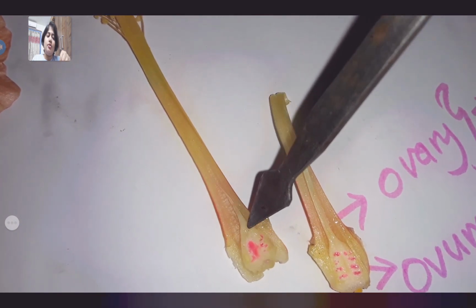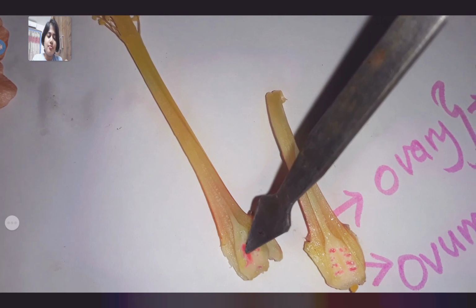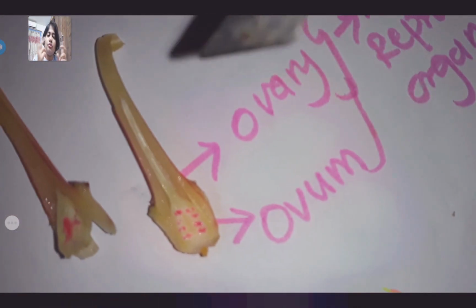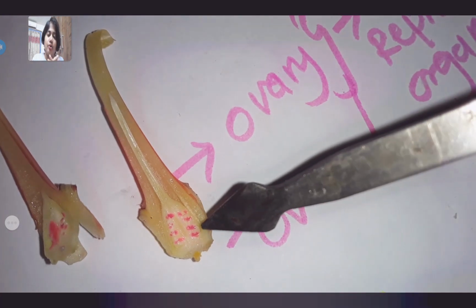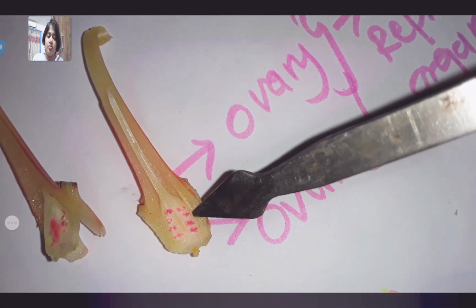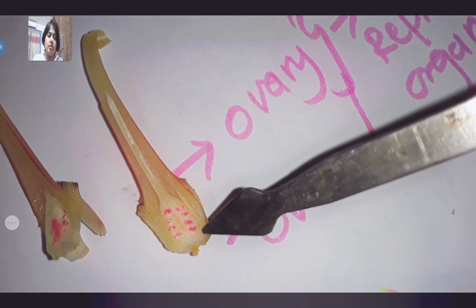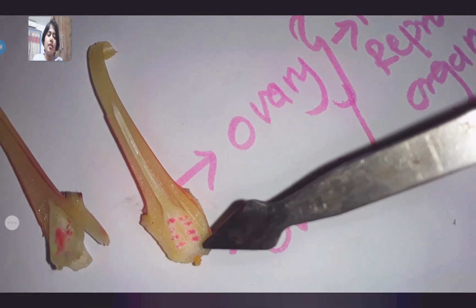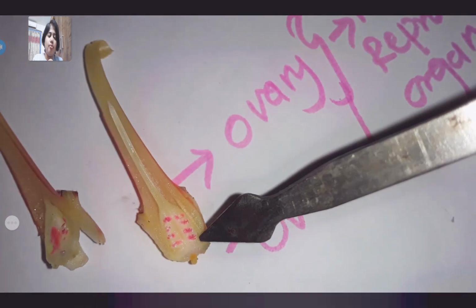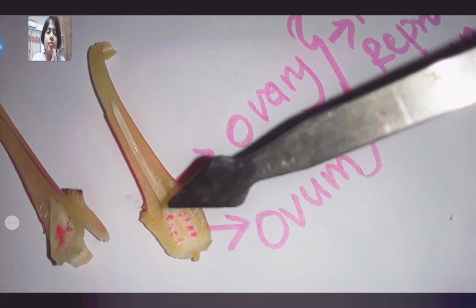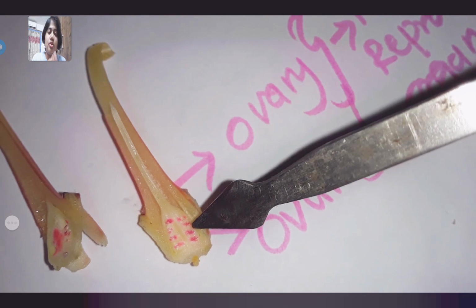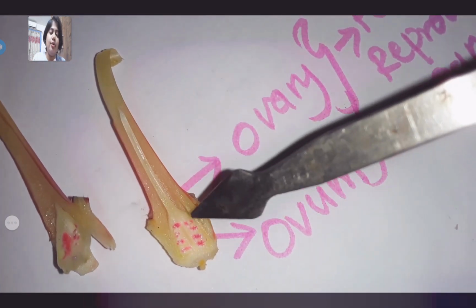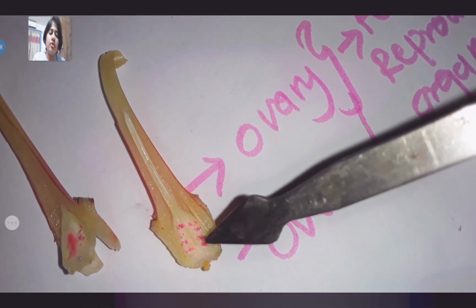The ovary and those anther particles form the zygote. So fertilization will take place, and after that the fruit will form. After the zygote develops, the fruit will get formed.